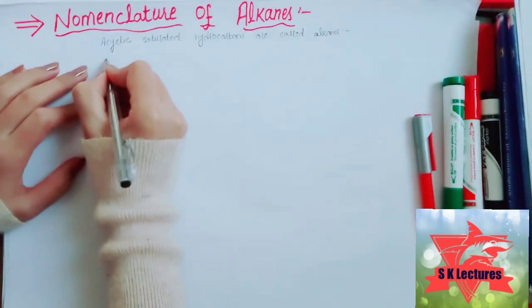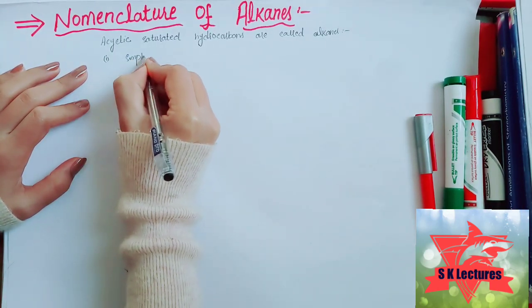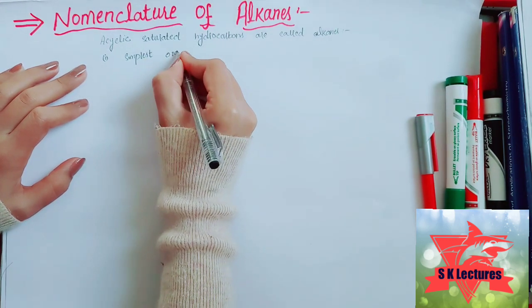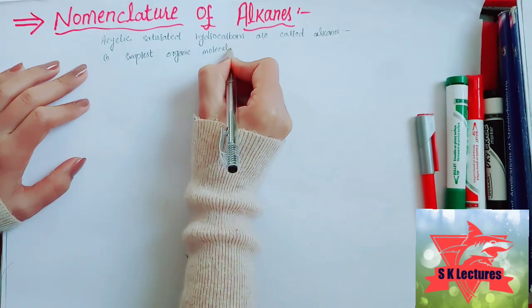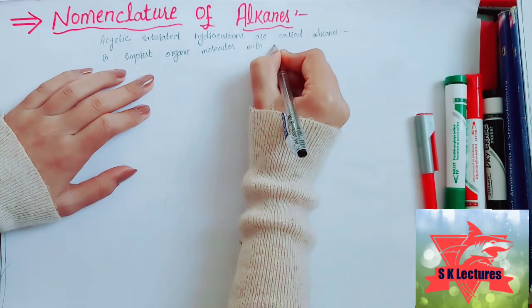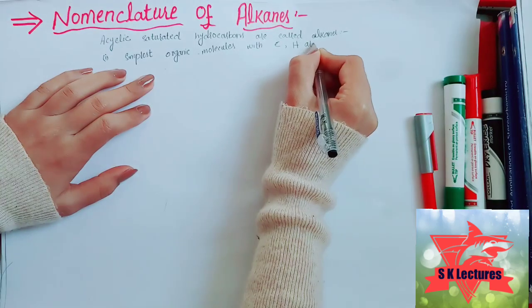And saturated means no unsaturation is present, which is double bond or triple bond. I hope that you know about saturation and unsaturation. Saturated ones have single sigma bonds, and double bonds or triple bonds are unsaturated ones. So acyclic saturated hydrocarbons are called alkanes.